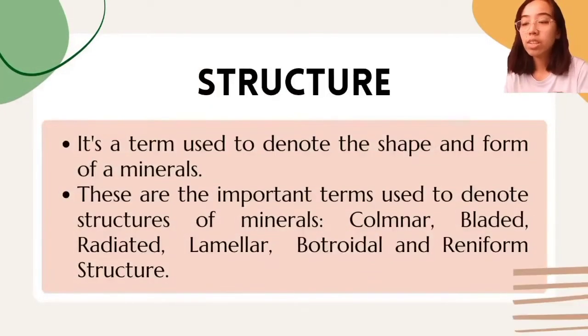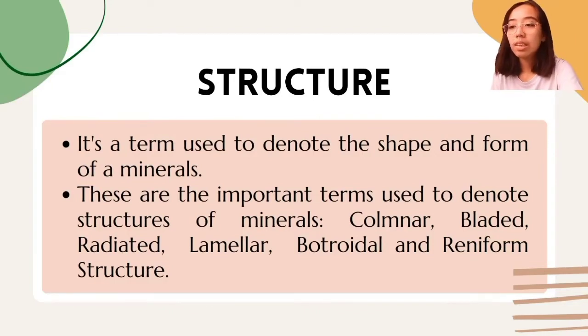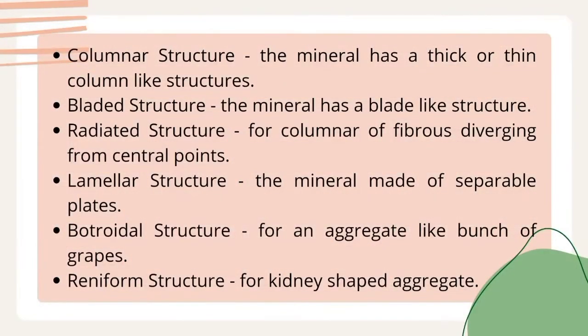Next is structure. It's a term used to denote the shape and form of a mineral. These are the important terms used to denote the structures of minerals: columnar, bladed, radiated, lamellar, botryoidal, and reniform structure. Columnar structure, the mineral has a thick or thin column-like structure.